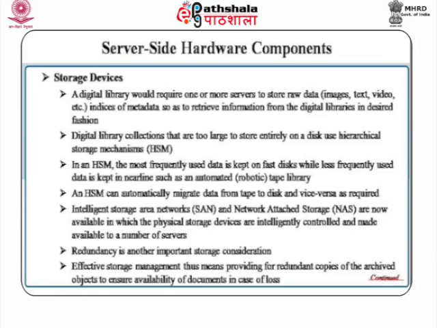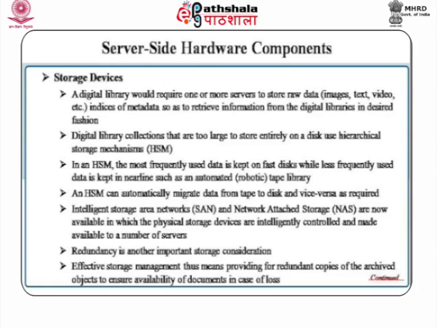In HSM, the most frequently used data is kept on fast disk while less frequently used data is kept in nearline storage such as an automated tape library. This tape library can be robotic. An HSM can automatically migrate data from tape to disk and vice versa as required.